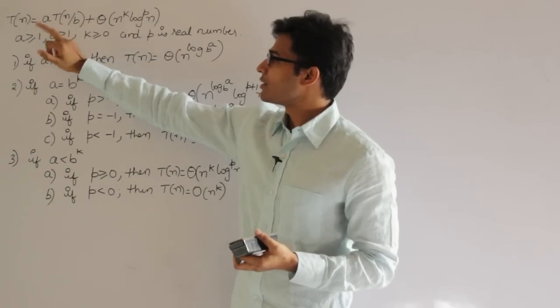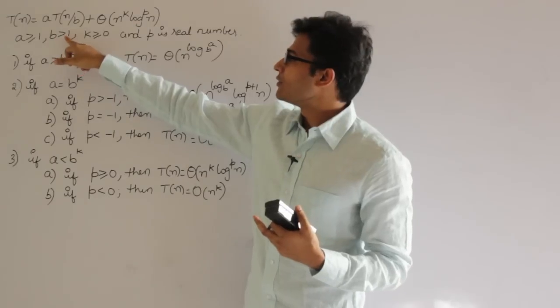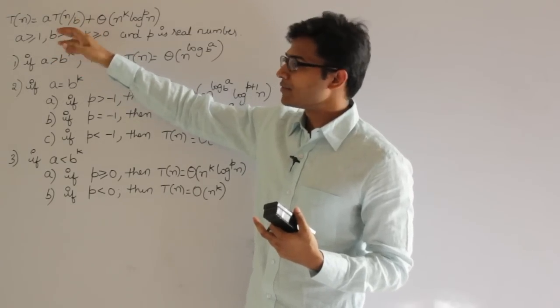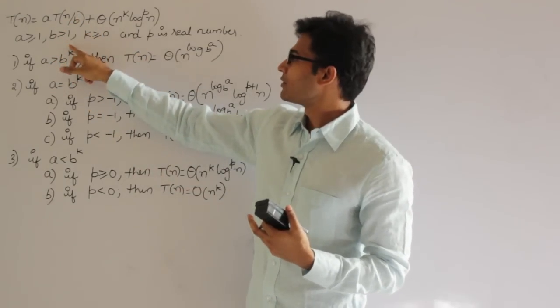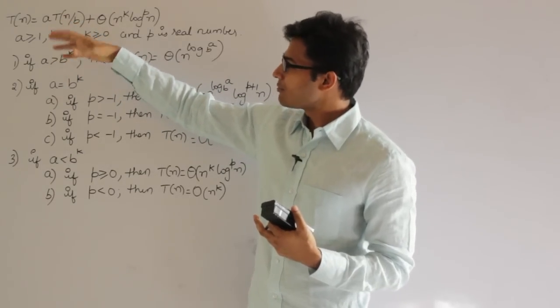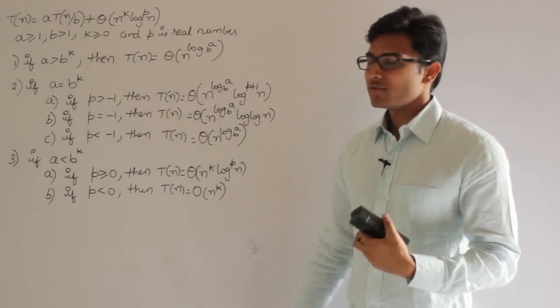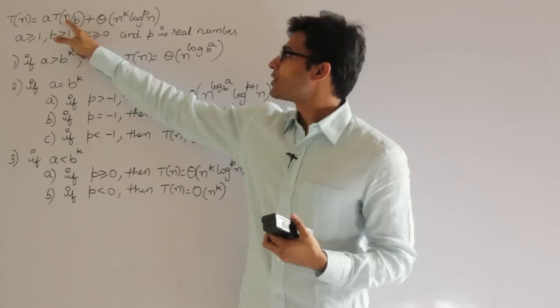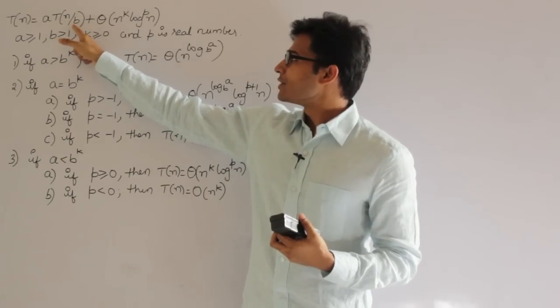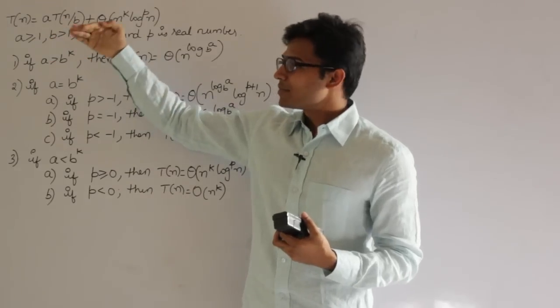One is that a should be greater than or equal to 1, and b should be strictly greater than 1, which means it should not be anything less than 1. If b is less than 1, the problem is actually getting multiplied more, and the size of the problem is increasing. Whenever b is greater than 1, the size of the problem is reducing.